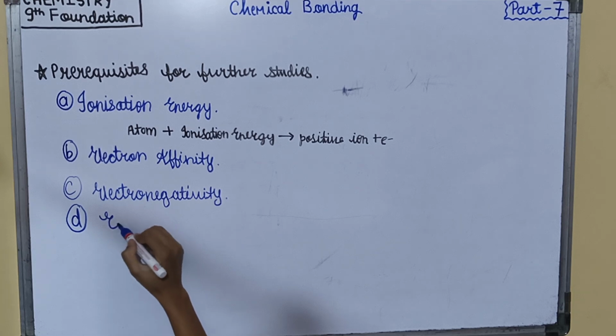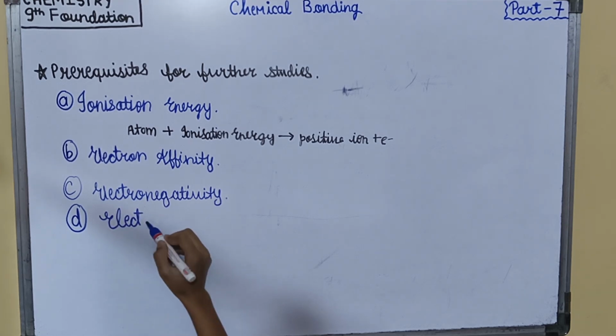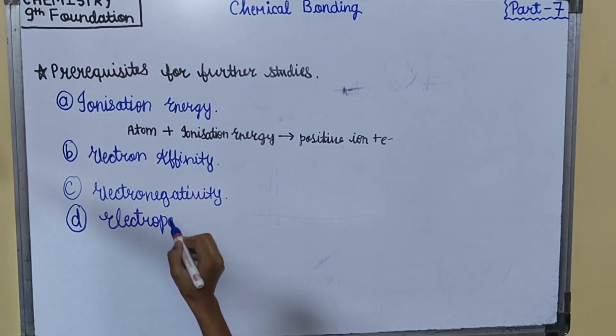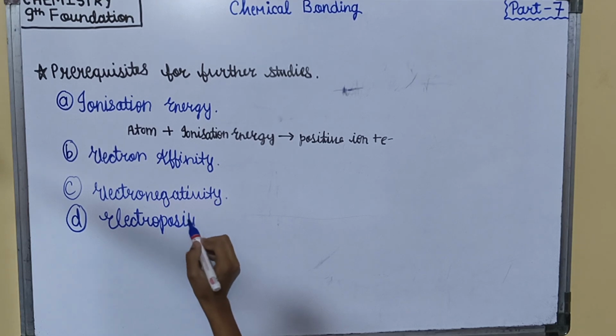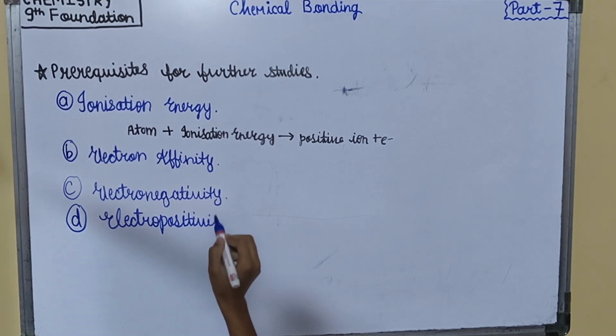Fourth is electropositivity. Electropositivity is the measure of the tendency with which an atom can lose electrons. I'll repeat, electropositivity is the measure of the tendency with which an atom loses or donates electrons.